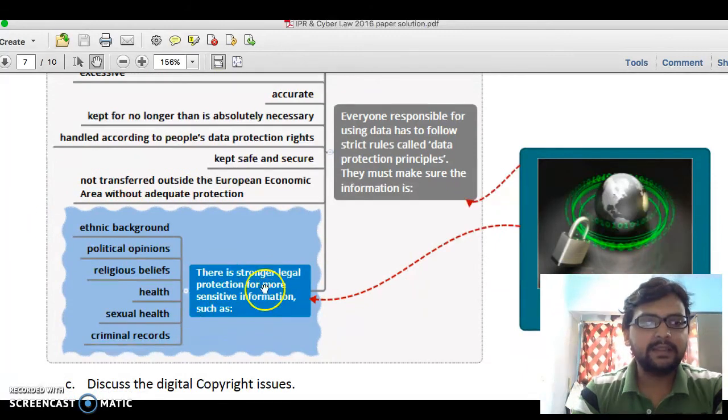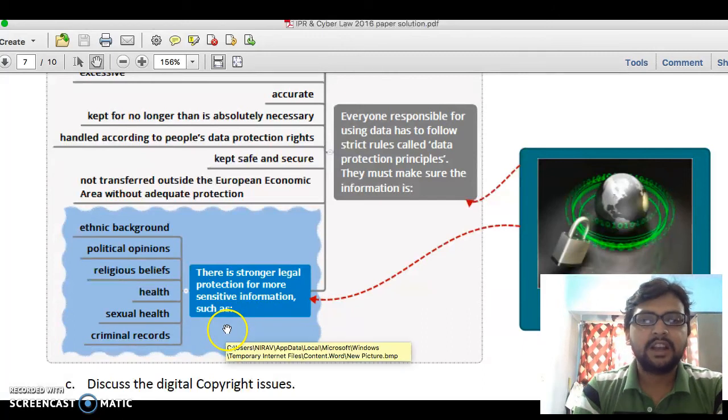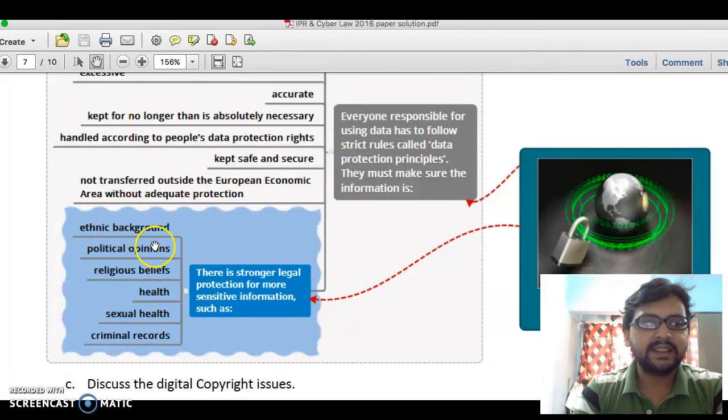Now next, I have listed a few points on what is legal, ethical and what is unethical. So for example, there are many sensitive things, for example someone's medical records, ethnic background, political opinion, religious belief. So one should not hurt anyone's religious belief or health record or sexual health or any criminal record.